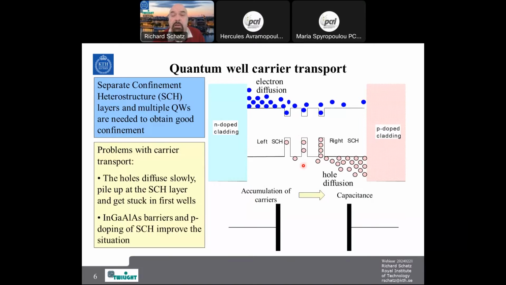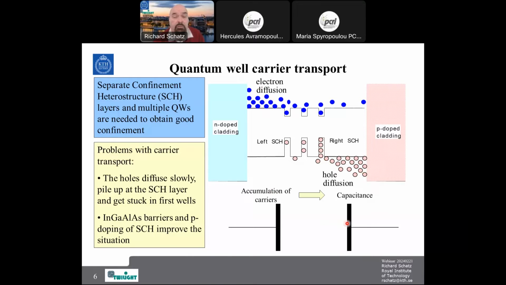If you don't dope these SCH regions, the separate confinement heterostructure regions, then the carriers, both the electrons from this side and the holes from this side, need to be transported by diffusion, and especially the holes diffuse quite slowly. And this means that you have a lot of holes and electrons here in these SCH regions that gives a capacitance.